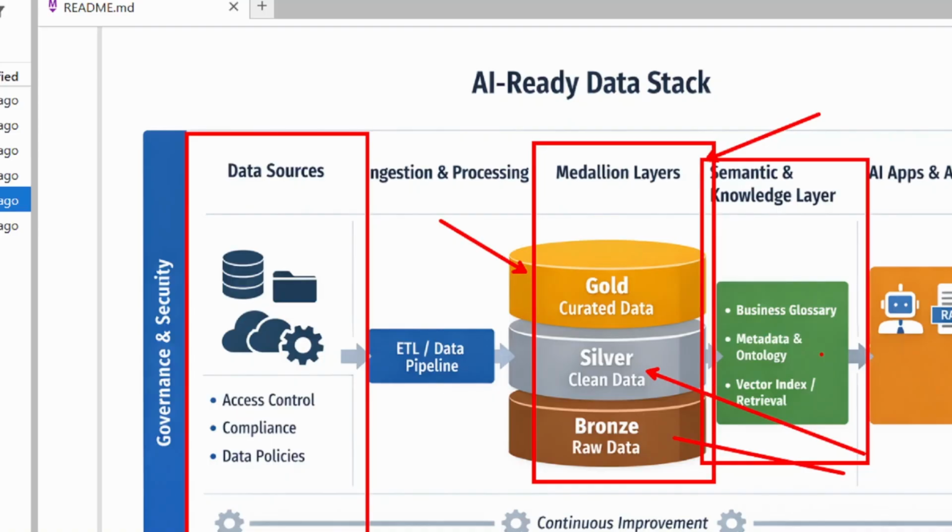All this stuff and the business glossary is done on the curated data. So this is very important: not the raw data, the curated. You create the data, then you build the glossaries and then the vector index so that it can be retrieved from this golden layer.